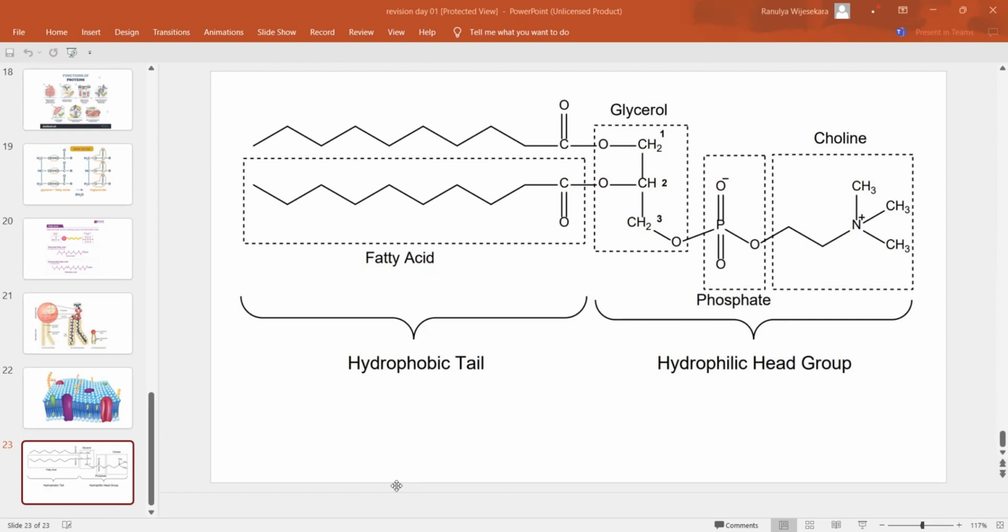Next, phospholipids. Next point, phospholipids are a major component of the cell membrane. Composed of two fatty acids, one glycerol molecule, and one phosphate group.